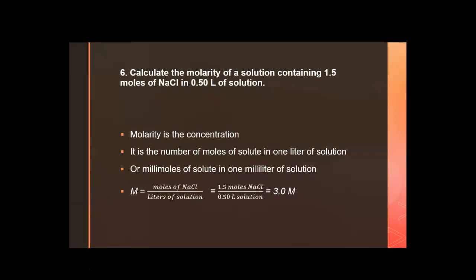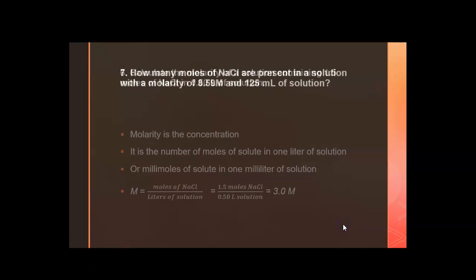And that is how we write that. Molarity, with a capital M, is moles of sodium chloride in this case, in liters of solution. Well, we have 1.5 moles of NaCl and 0.5 liters of solution. When we do the math, we see 3.0 moles per liter, and that's symbolized with a capital M.